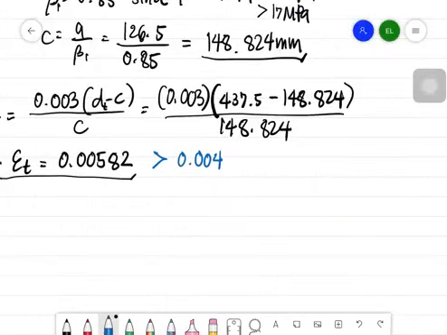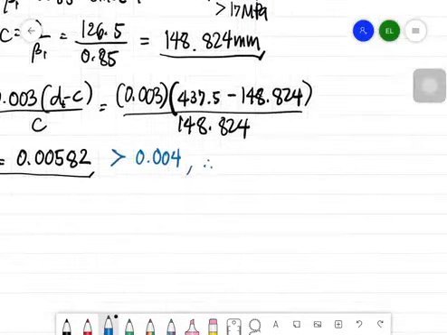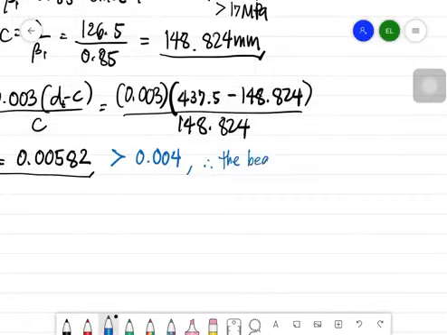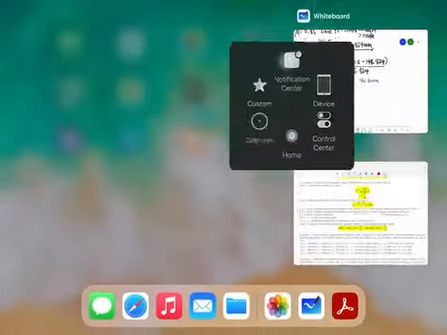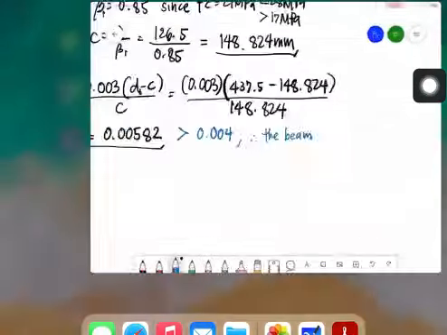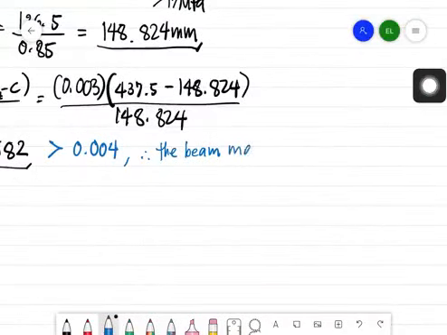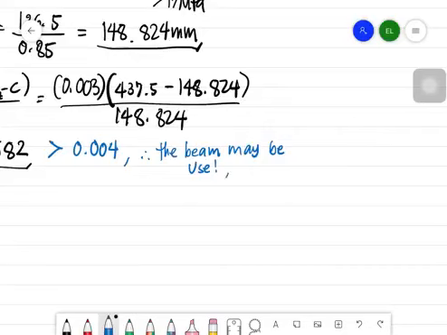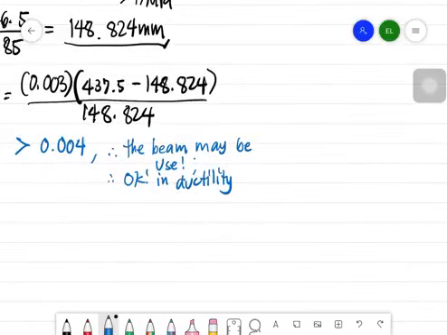What is the conclusion there? The beam may be used, because it is ductile. Or you may say that it passes the ductility requirement.